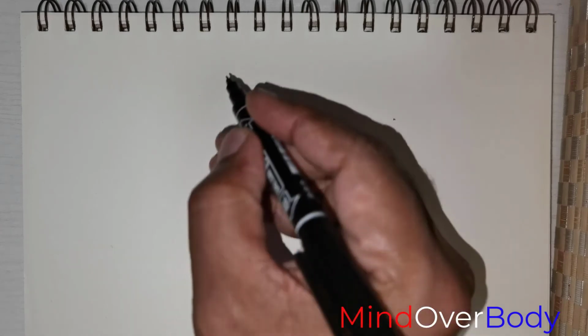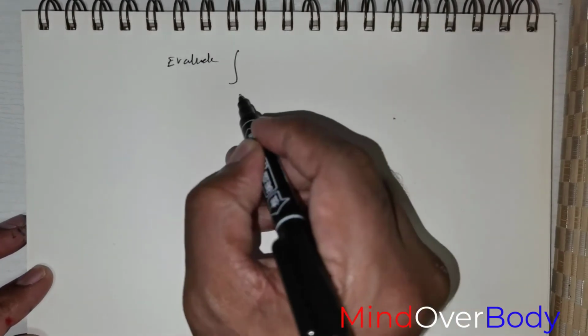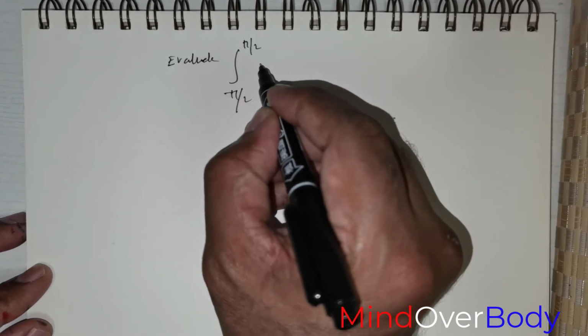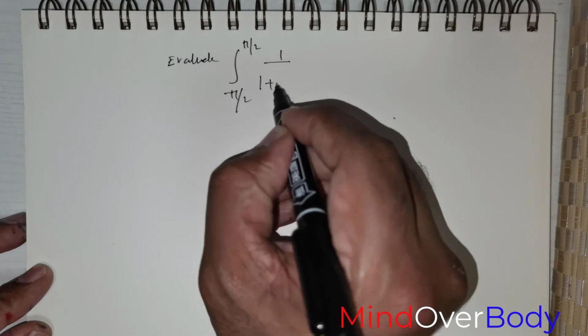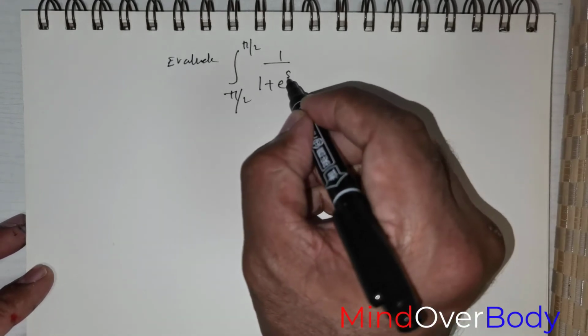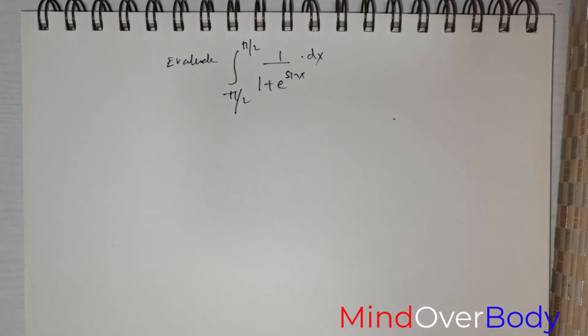So students, let us do another question. We are expected to evaluate integral negative pi over 2 to positive pi over 2, 1 over 1 plus e raised to the power of sin x times dx. So this is what we have got.